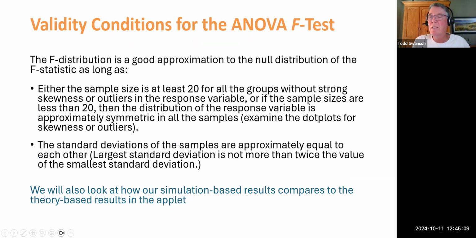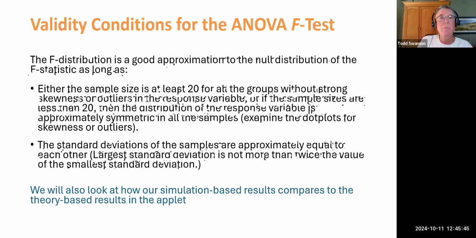And then these are the validity conditions we use for an ANOVA test. We say the F distribution is a good approximation for the null distribution of the F statistic. So we're going to see a null distribution using not just the mean group difference, but the F statistic as well. That theory-based distribution will fit nicely if either the sample size is at least 20 in all our groups, without strong skewness or outliers, or, if the sample sizes are less than 20, you need some sort of symmetry to make things work out.